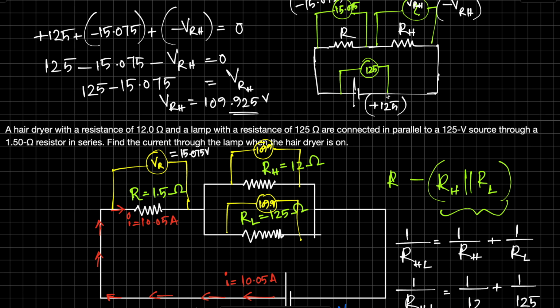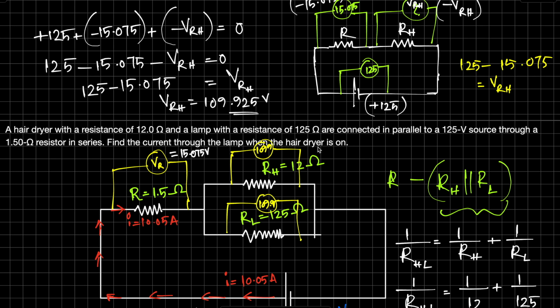Out of 125 volts, 15.075 is getting dropped across the first resistor. The remaining should get dropped across the second resistor. Simple mathematics: 125 minus 15.075 is equal to VRH, that is 109.925. Because RH and RL are connected in parallel, their voltage drop should be the same. We found VRH, that is 109.9, so the voltage drop across RL should be 109.9 as well.